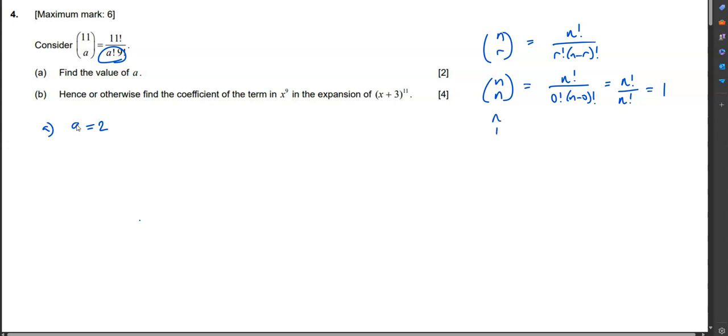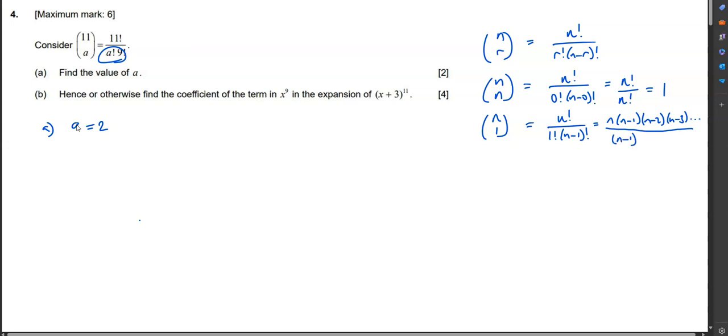If we have n choose 1, slightly more complicated, we have n factorial over 1 factorial times n minus 1 factorial. Let's imagine what that looks like: n times n minus 1, n minus 2, n minus 3, all the way down. The 1 factorial we can pretty much disregard.